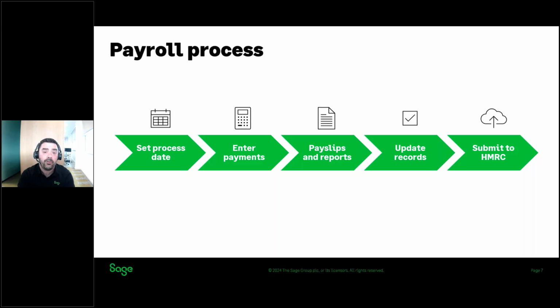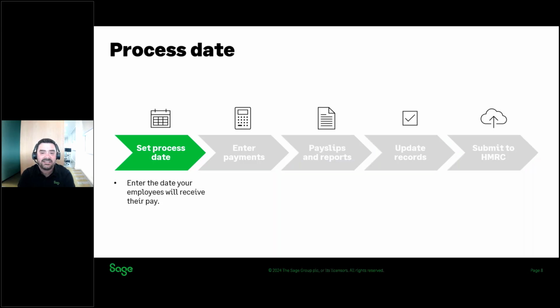We're then going to enter the employees' payments for the current period. We'll produce pay slips and other reports, such as payment summaries. We'd update the records, which will save the values to the employee's history. And then we will submit our payroll information to HMRC as part of a full payment submission that needs to be sent on or before the employee's pay date.